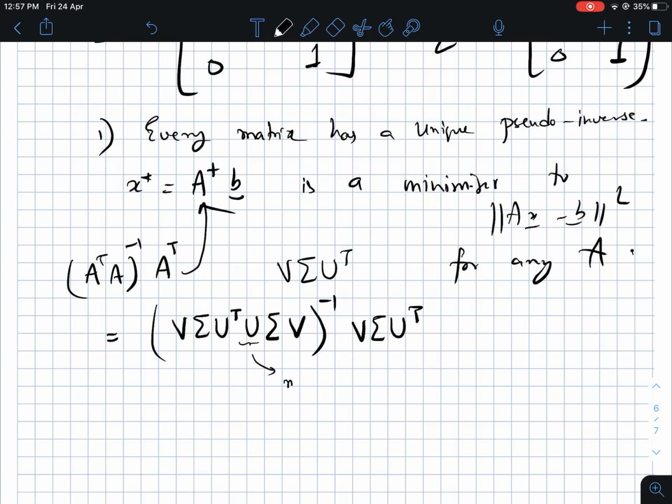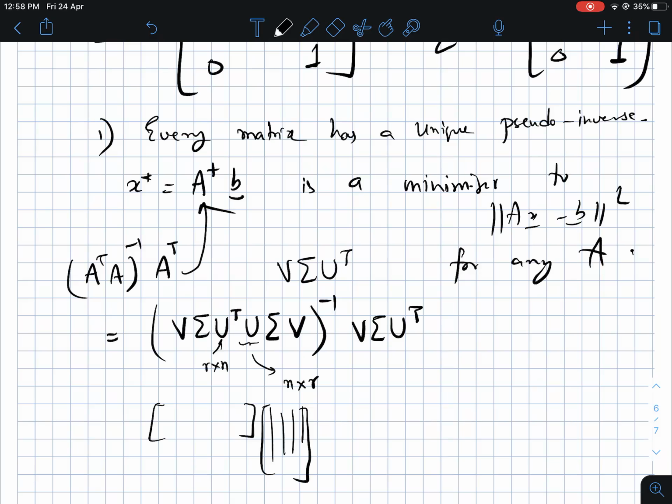I have just written the thin SVD here. Let's recall that U here was an N cross R matrix, so U transpose is going to be an R cross N matrix, and U transpose U is going to be identity, because U is a tall matrix in which all the columns are orthogonal to each other. When you multiply it with its transpose, you get an R cross R identity matrix.